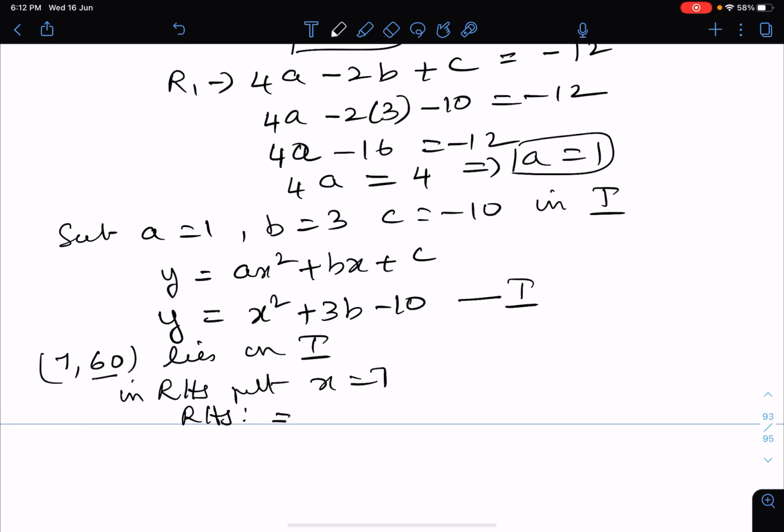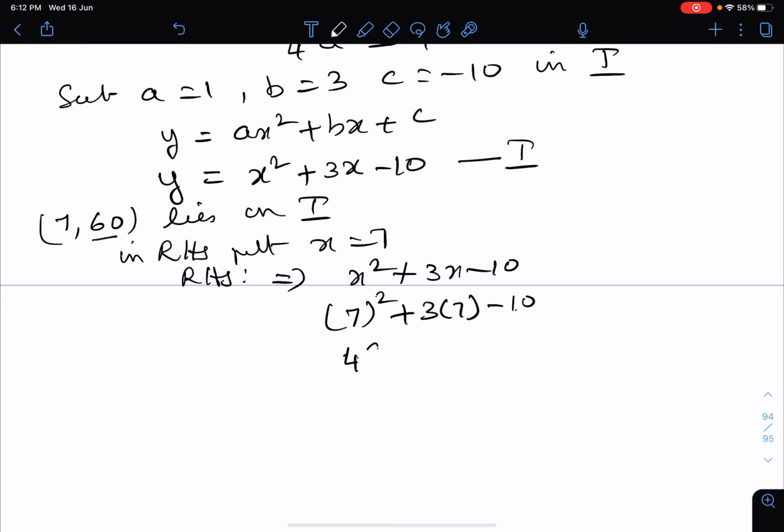What is our RHS? x square. Sorry, this is x, isn't it? This is going to be 3x. Okay, plus 3x minus 10, x equal to 7. So 7 the whole square plus 3 into 7 minus 10.